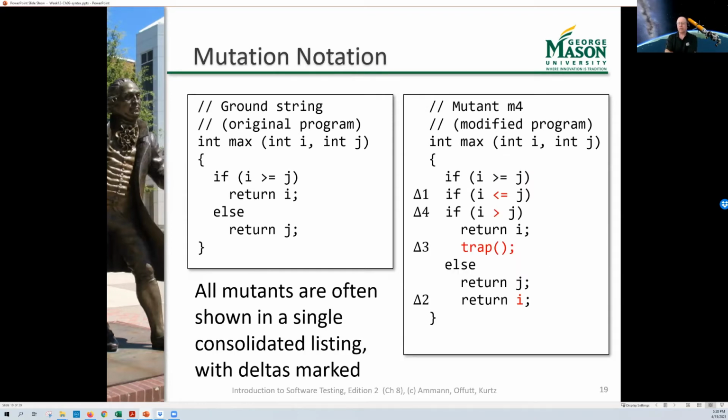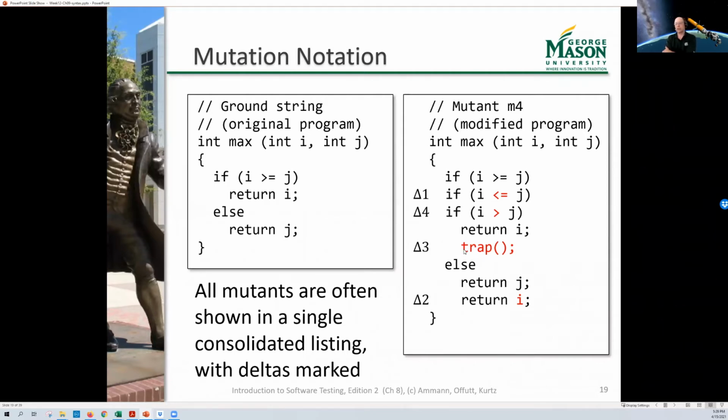So when we write mutants, we'll often use this notation. We'll write the original program here on the right, and then we'll add in the mutants as additional lines with these little delta numbers. And the implication is that in mutant number 1, this delta 1 line replaces the previous line. In mutant number 4, this delta 4 line replaces the previous line of the original, right?